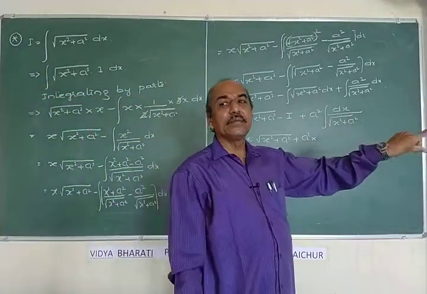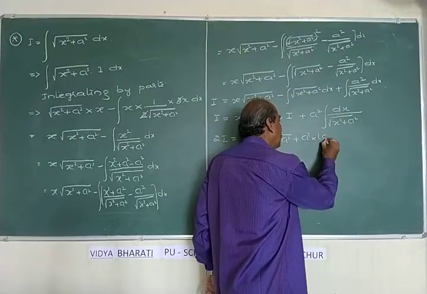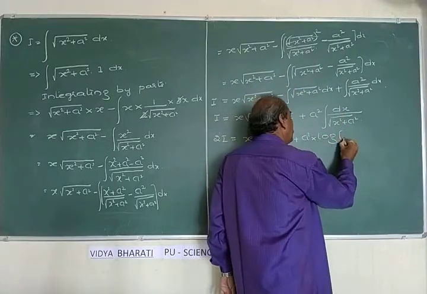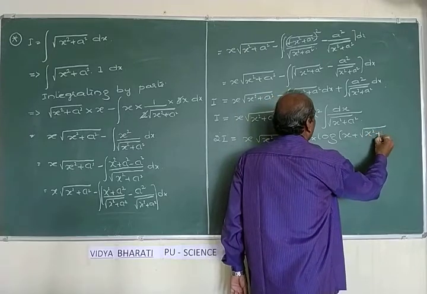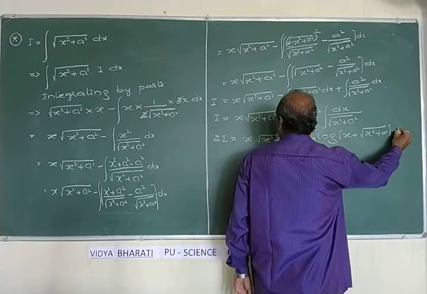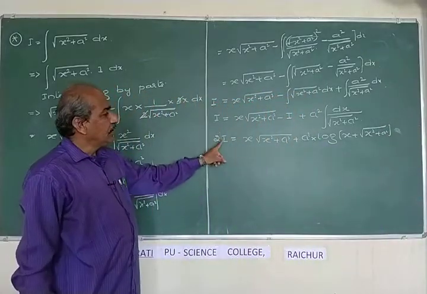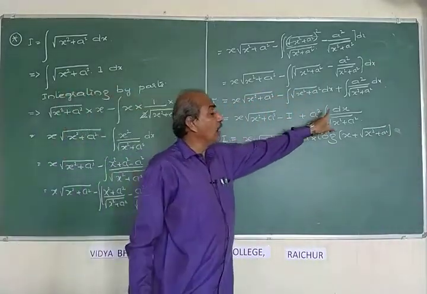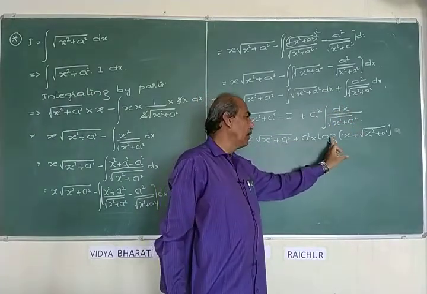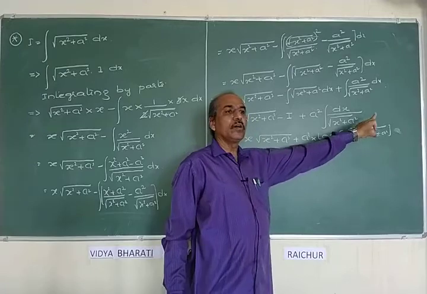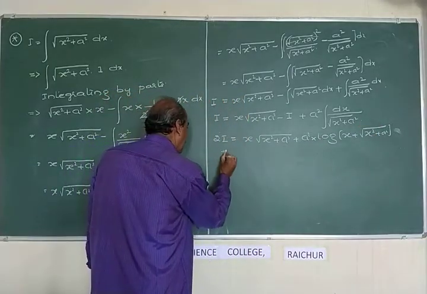The integration of dx by root of x square plus a square is nothing but log of x plus root of x square plus a square. Okay, this is the formula you have. So from this we want I.